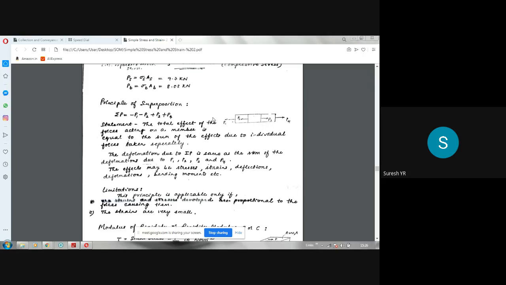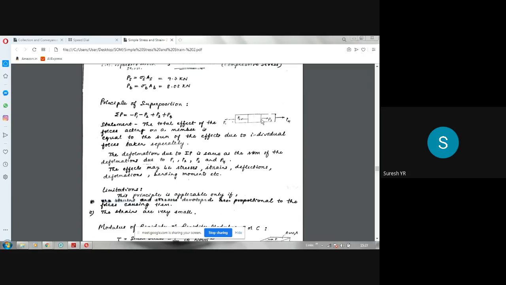Okay, so the meaning of that is, whatever effect of sigma P is there on this bar, it will be equal to the sum of the effects of P1, P2, P3, P4 on the bar. That is the meaning of the principle of superposition. That means you are superposing the different forces on the same object, and you are finding the net effect of those forces on the bar.